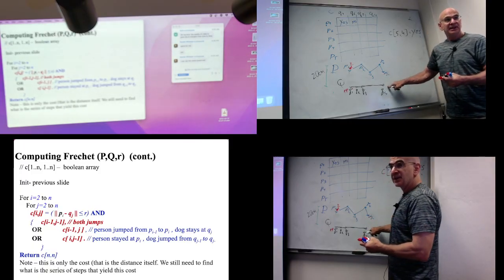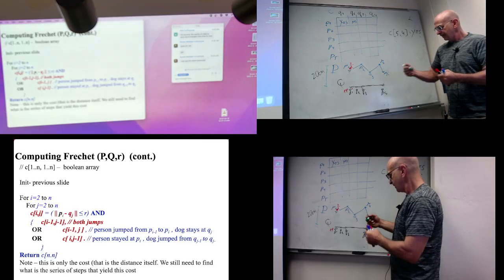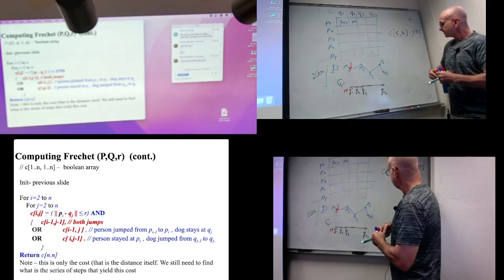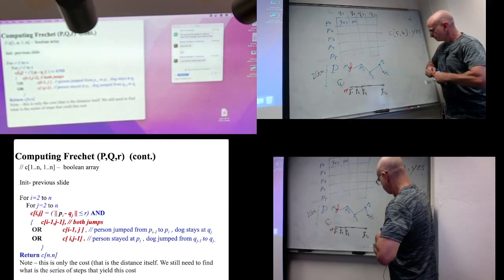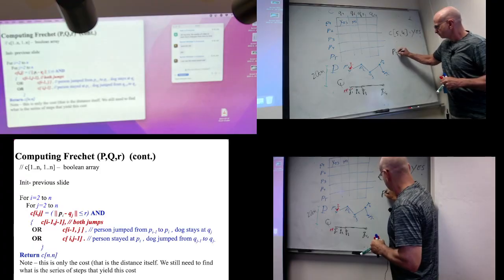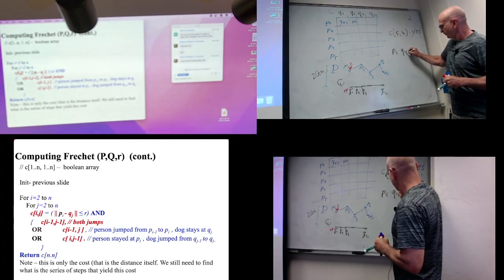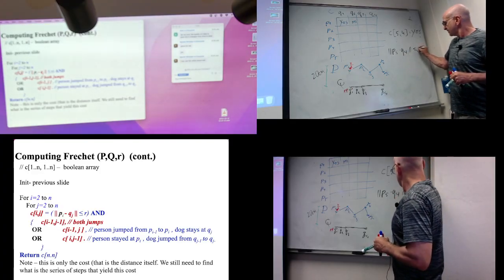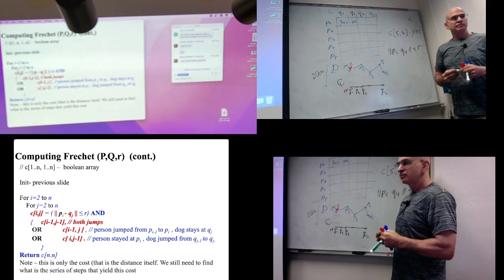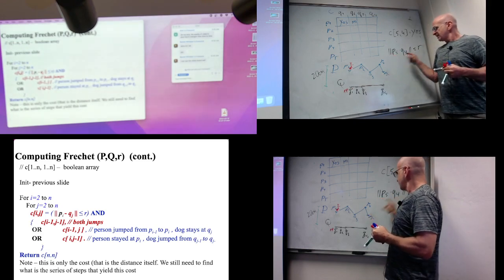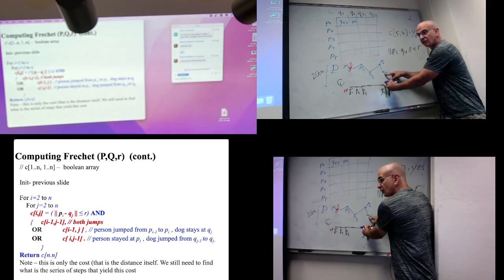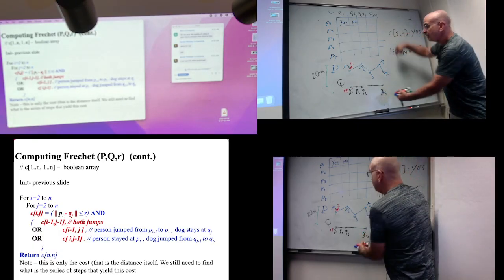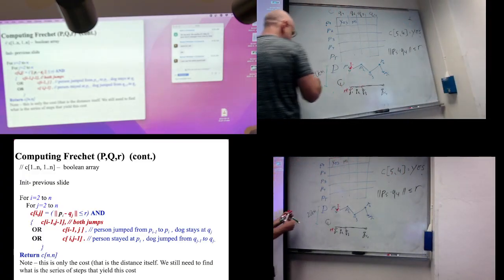So I first check the distance between P5 and Q4, P5 minus Q4, the distance between these two points, and check if this is less than R. And if the answer is no, these two vertices are already too far away. Let's write a different example.